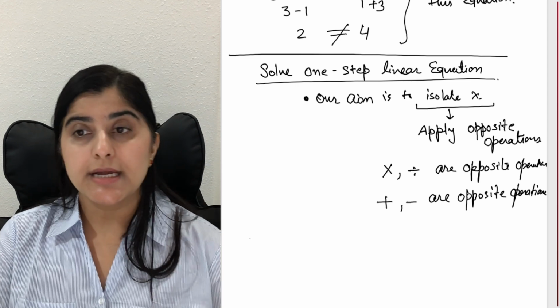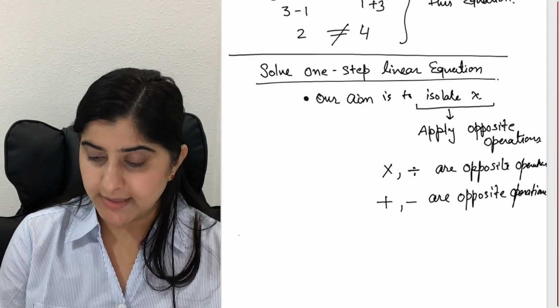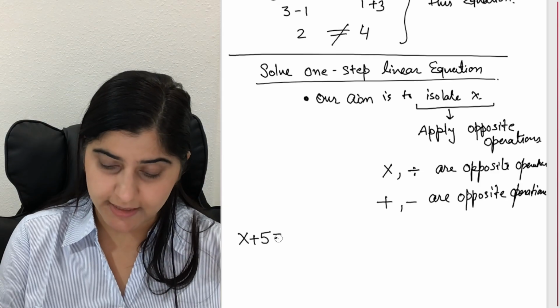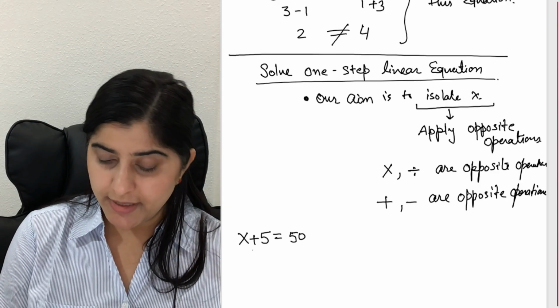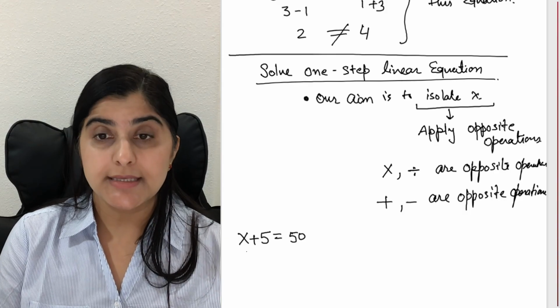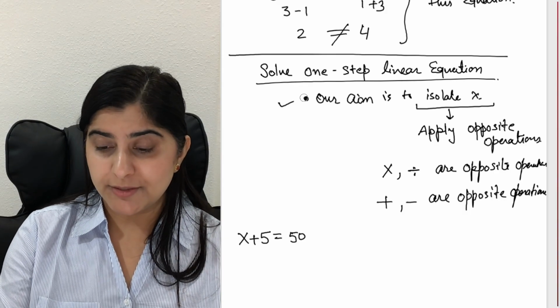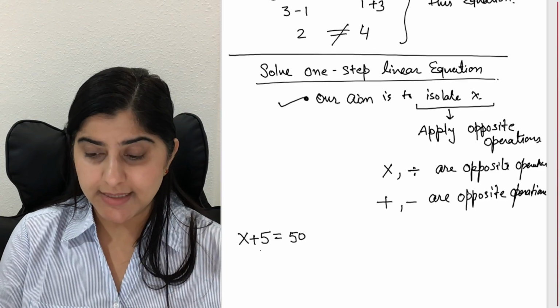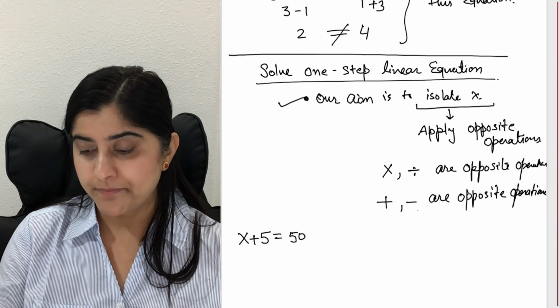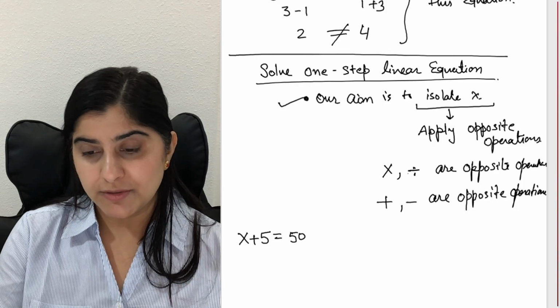Okay, if something is connected to x with a plus or minus sign, for example, let's take this example, x plus 5 is equal to 15, and we have to solve this equation. Our aim is to isolate x. 5 is connected with x with a plus sign, so we have to apply the opposite operation.